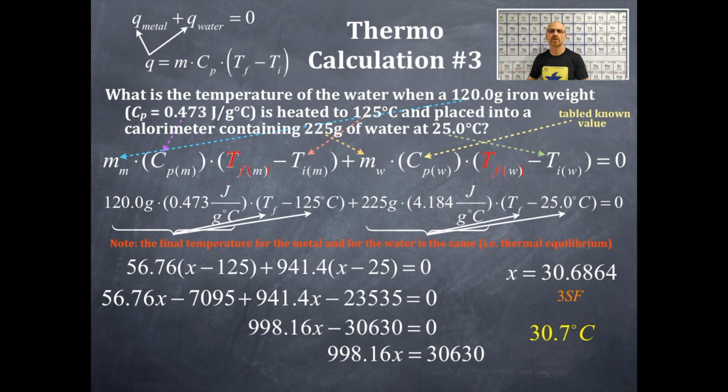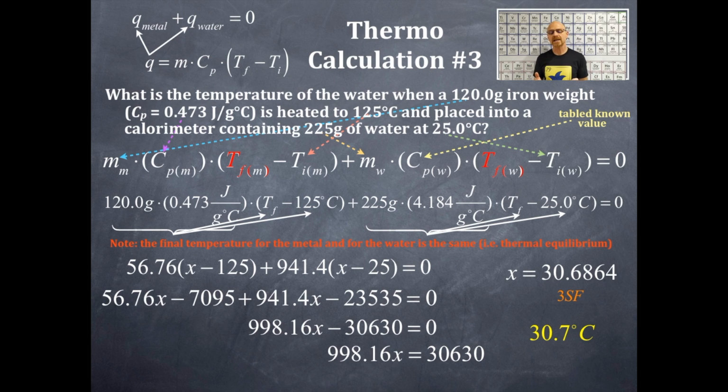The initial temperature of the water was 25 degrees Celsius. So after mixing the metal, which is hot, with the cool water, I certainly cannot get a final temperature, when it's reached thermal equilibrium, that is less than 25. That is impossible. Nor can I get a number that is greater than 125. That is also impossible.